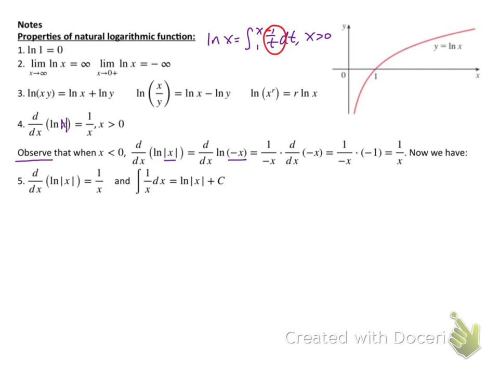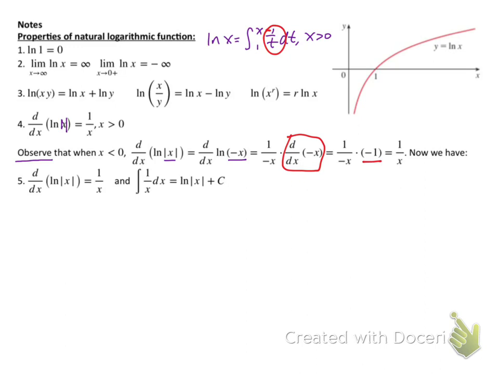Then we use the chain rule. This is my u. The derivative of ln is the reciprocal, so 1 over u, which is negative x. Then the chain rule du dx, the derivative of negative x, gives me negative 1.